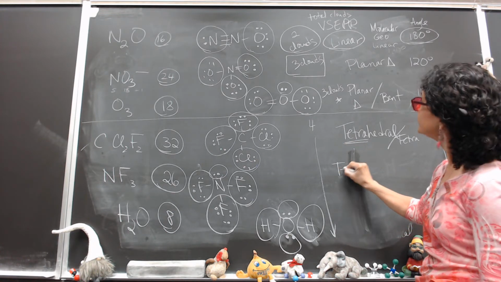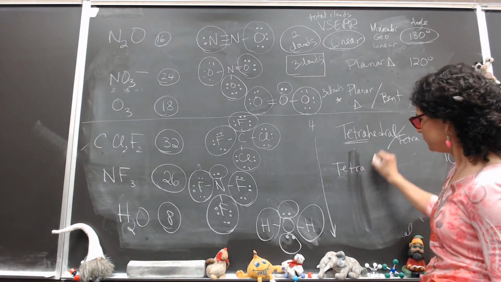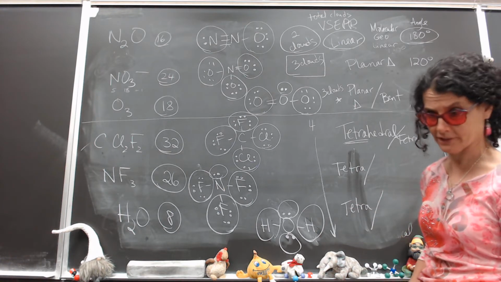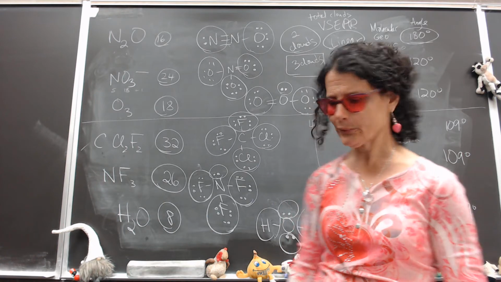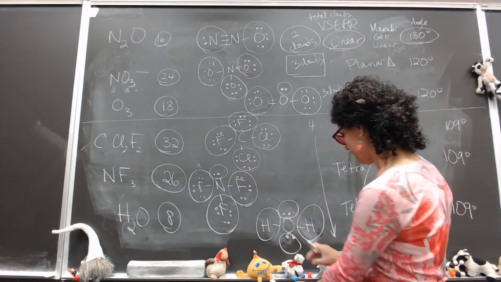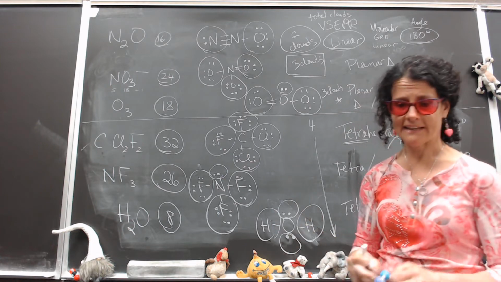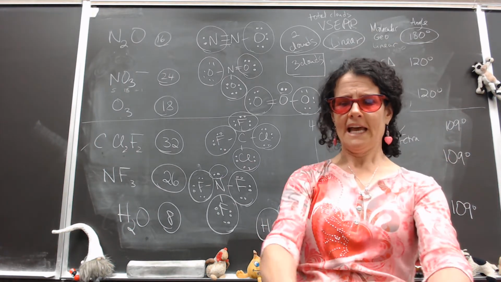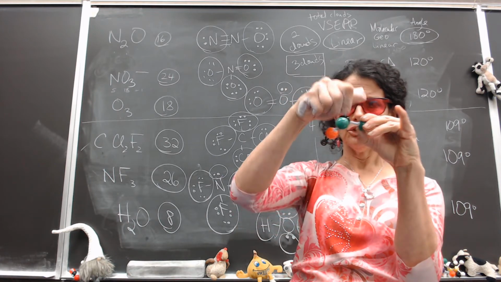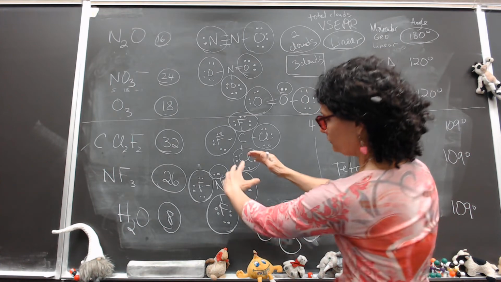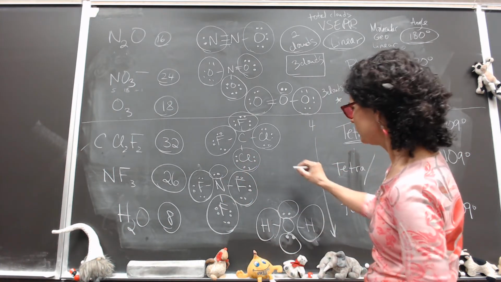These other ones, their VSEPR is tetrahedral, but their molecular shape is going to be different. And so when you have this lone pair, it is not flat. That lone pair would be like if we took an orange ball off of this. And this lone pair up here is still pushing down these fluorines. So they don't actually look like that.